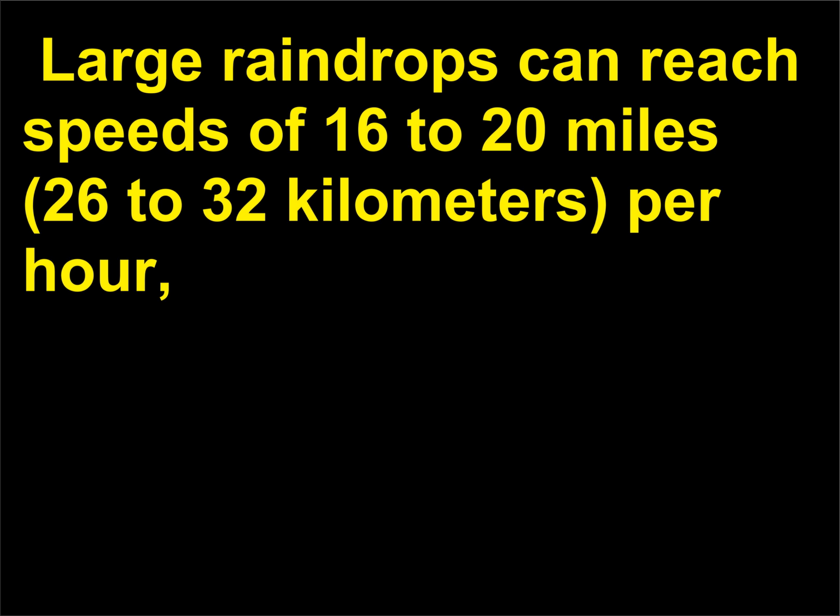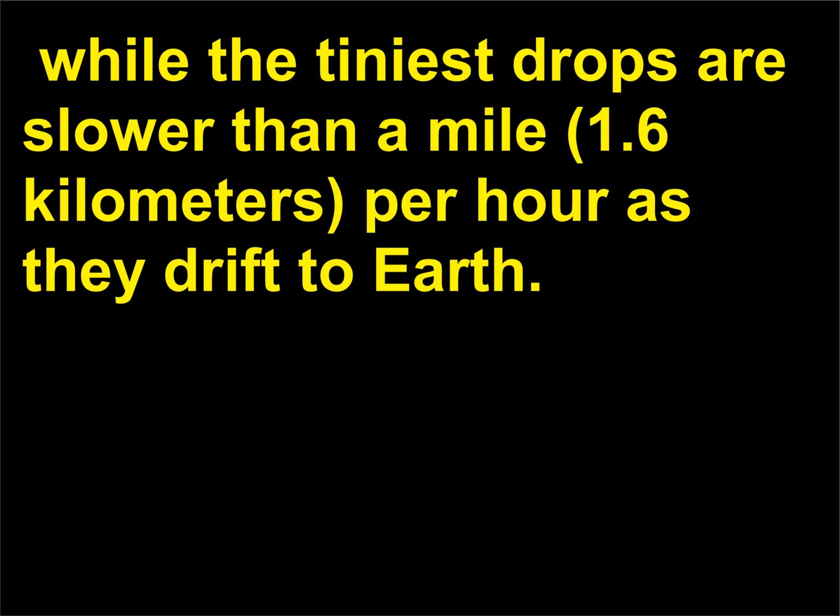Large raindrops can reach speeds of 16 to 20 miles, 26 to 32 kilometers, per hour, while the tiniest drops are slower than a mile, 1.6 kilometers, per hour as they drift to Earth.